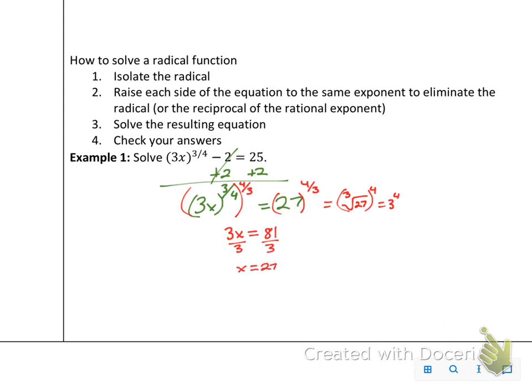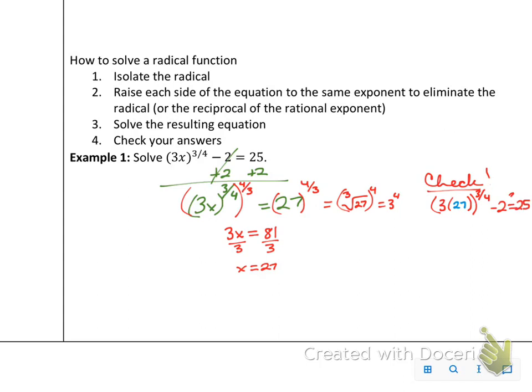Now it's not enough to get your answer. Just like anything with roots, you have to check them. So let's go over here and check our answer. When we check our answer, we're taking our number and plugging it in. So we would have 3 times 27, all of that raised to the 3/4 minus 2, and we're asking, does that equal 25?